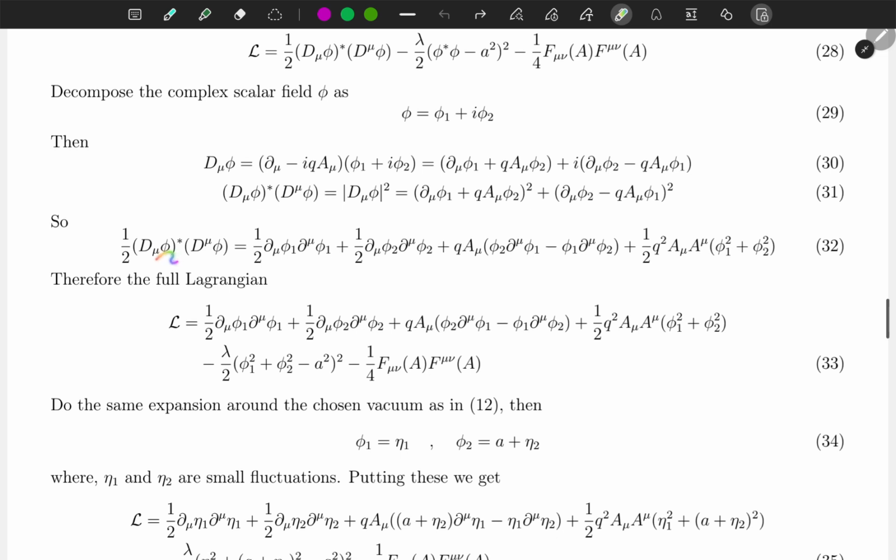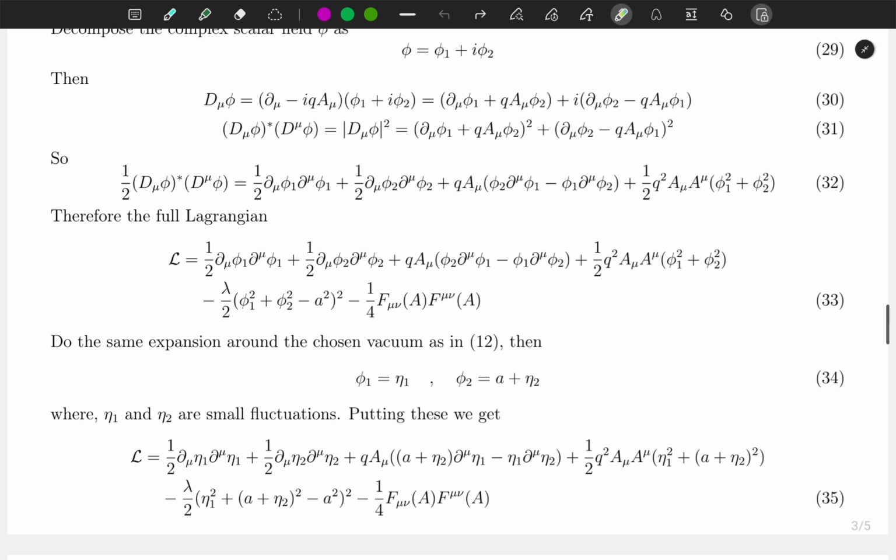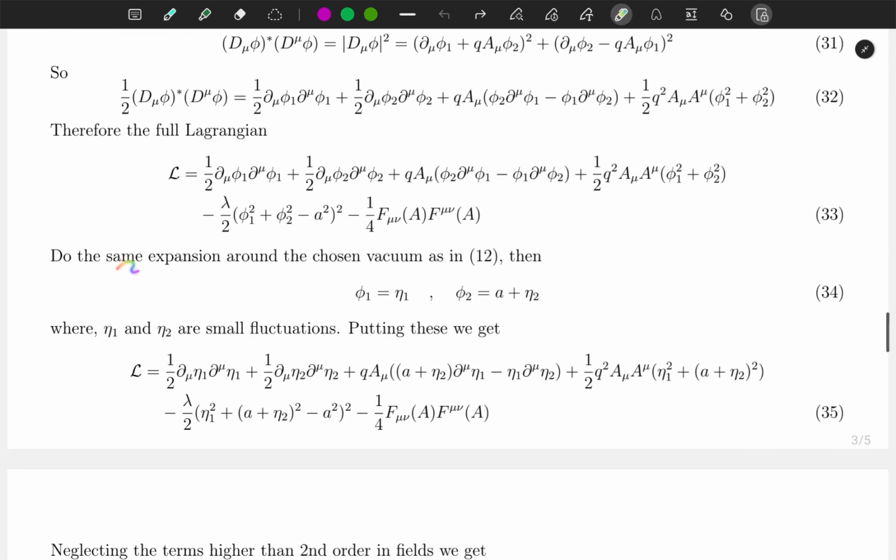Now you expand the whole thing, you will end up with this expression, and you can write the full Lagrangian in terms of the phi1 and phi2 fields. So you can see that. Let's do the same expansion around the chosen vacuum that we have done previously, phi1 to be eta 1 and phi2 to be a plus eta 2.